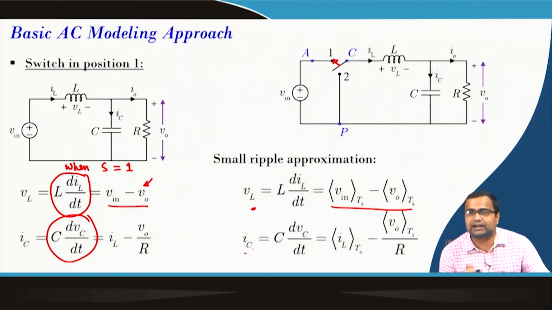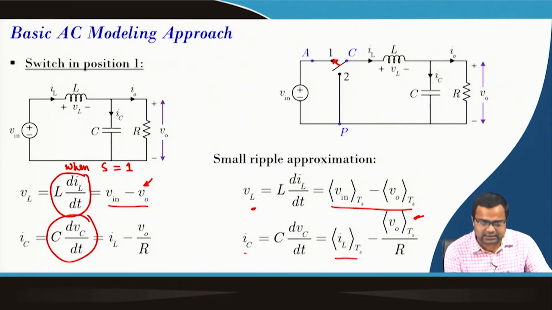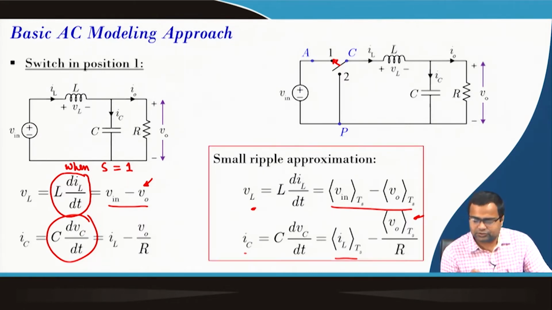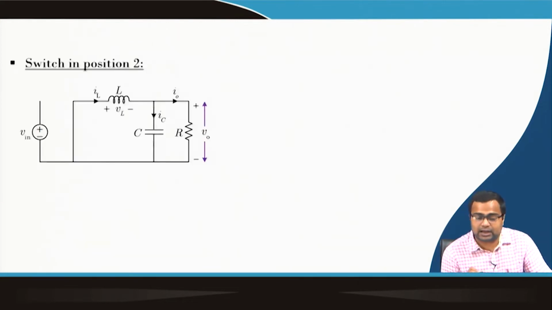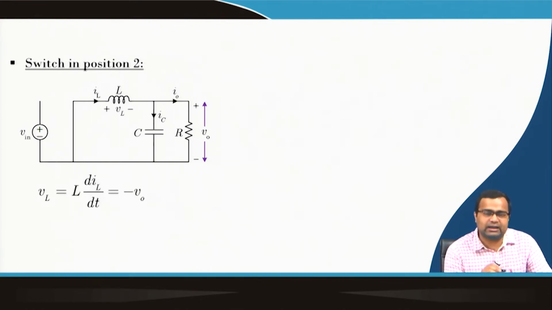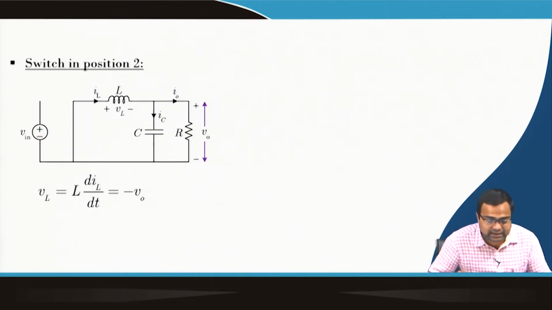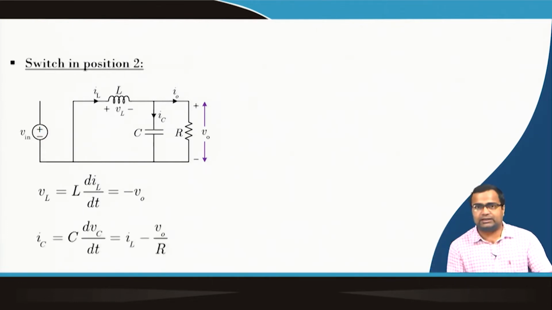Similarly, the capacitor current we can also express in terms of its average quantity, which corresponds to the actual instantaneous states. That means the instantaneous output voltage and the instantaneous inductor current are replaced by their average quantities. So, this is the small ripple approximation. Similarly, we can take the other switch state, when the switch is off or in position 2, and again write down the dynamics of the inductor current and the capacitor voltage.